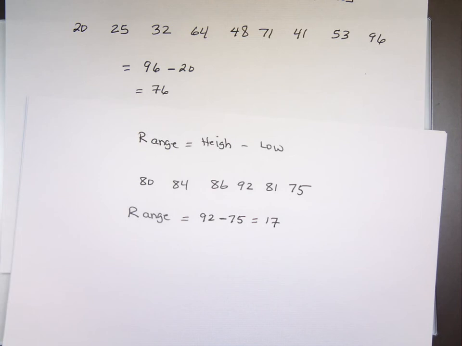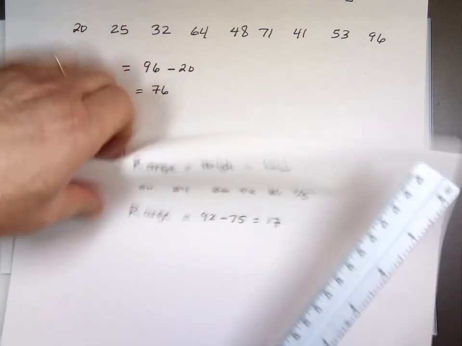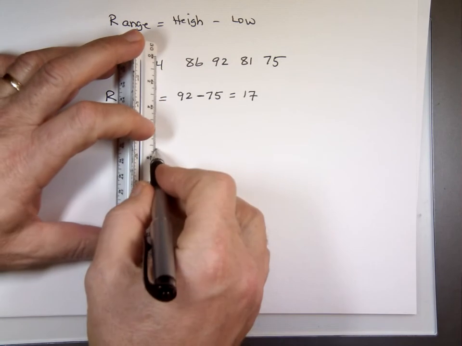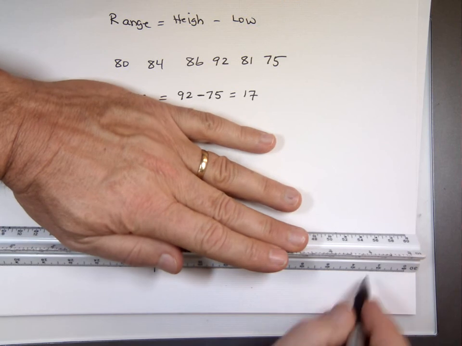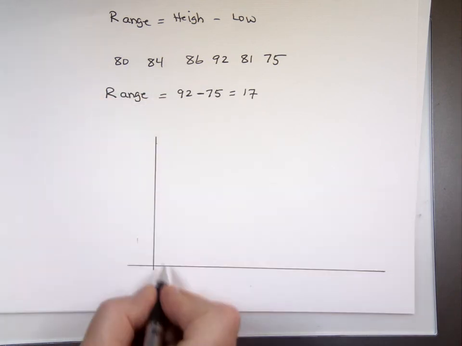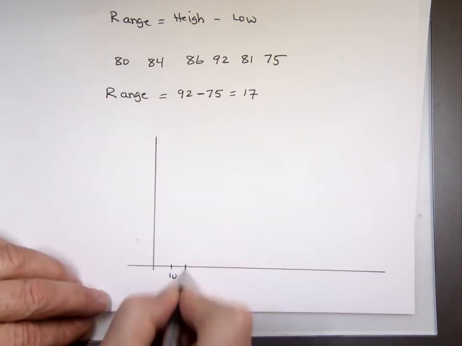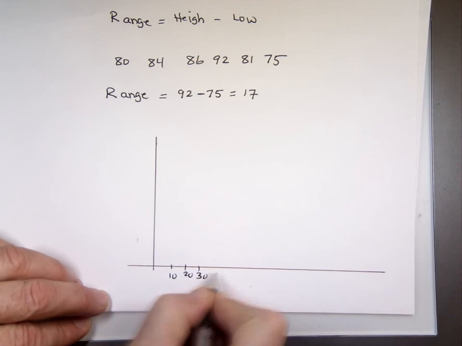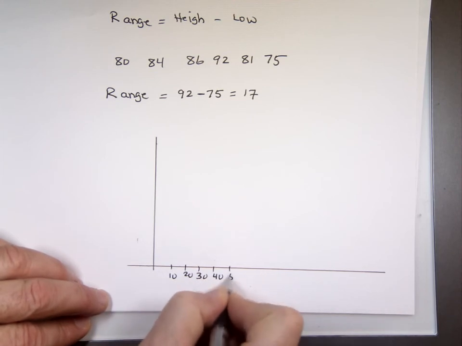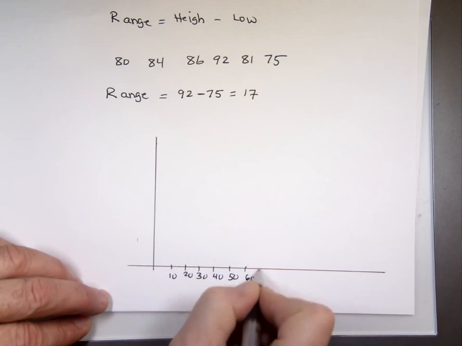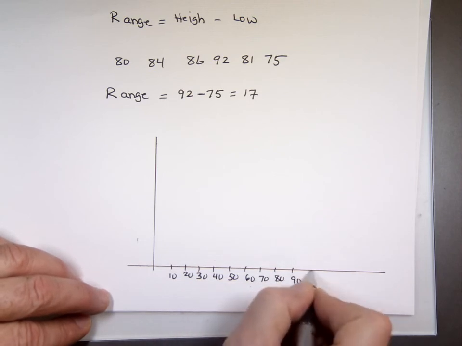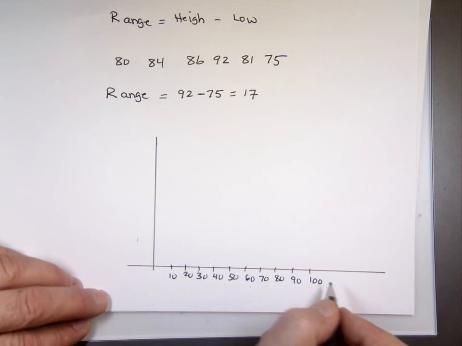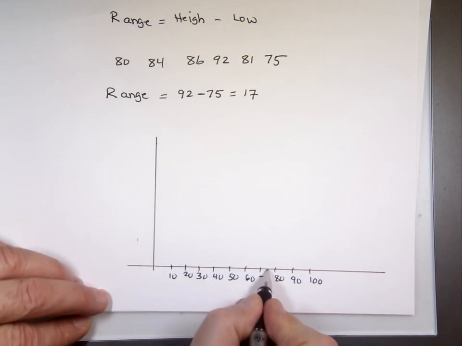That means here's what happened to the scores if you look at them. The other one was spread all over. If we do the same scale, 10, 20, 30, 40, 75 is somewhere here. 92 is somewhere here. The scores are like this.